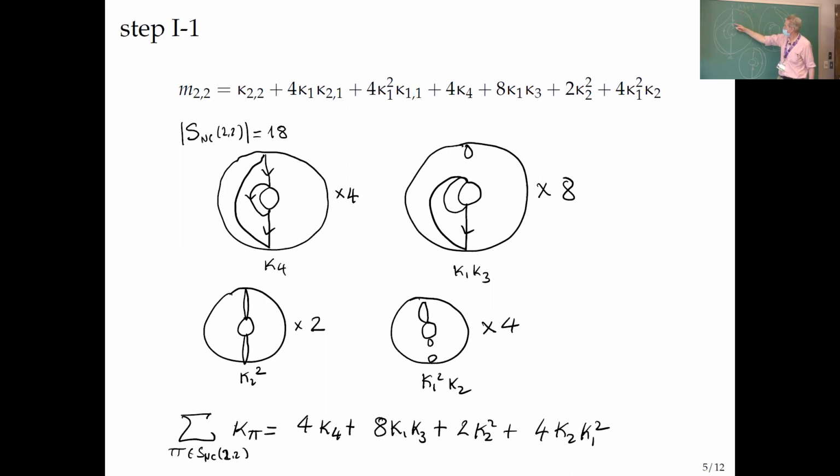So this is 1 to 3 to 4 to 2. And what about this one? Well, this is 1 to 2 to 3 to 4. So there's 3 factorial, that's 6 cycles of length 4 in the permutation group, but 2 of them don't satisfy this condition. So you only look at these 4.